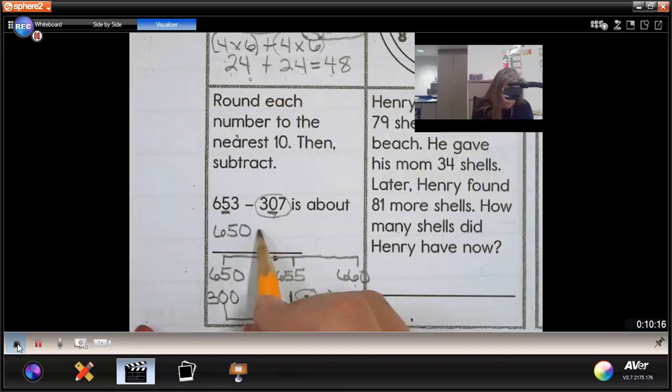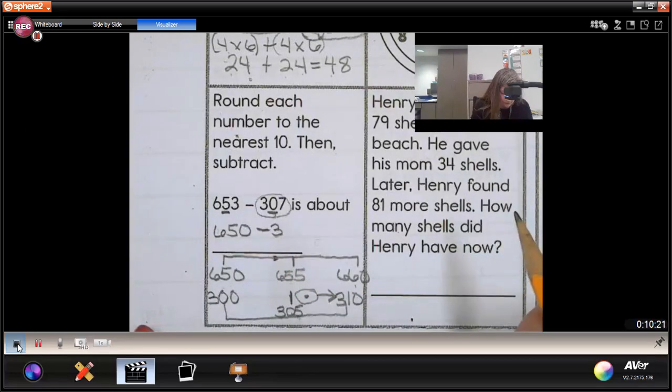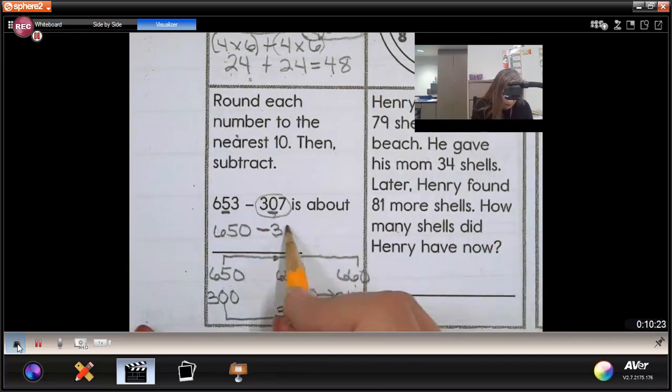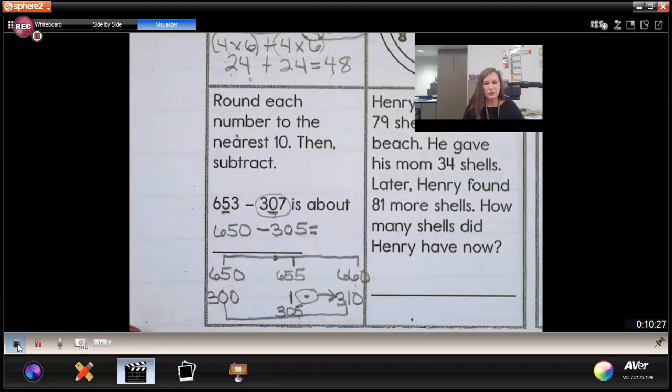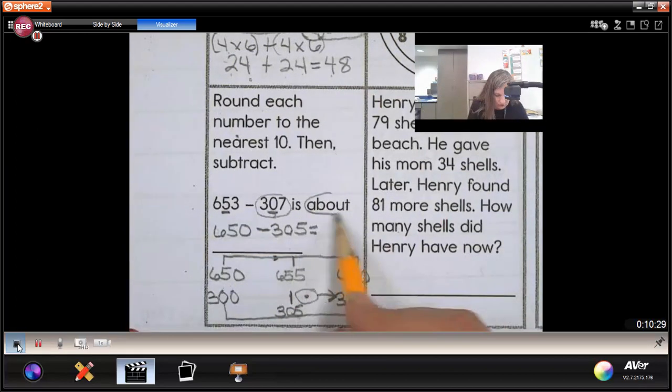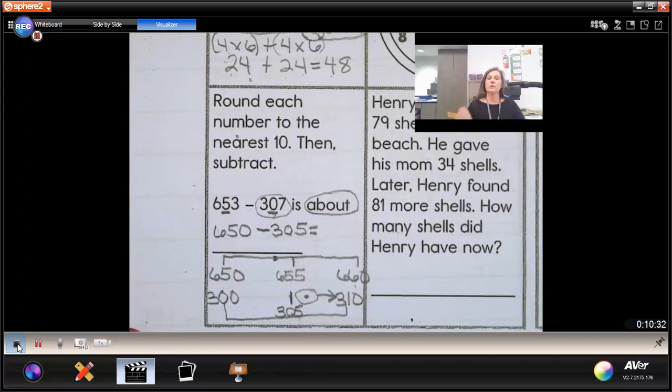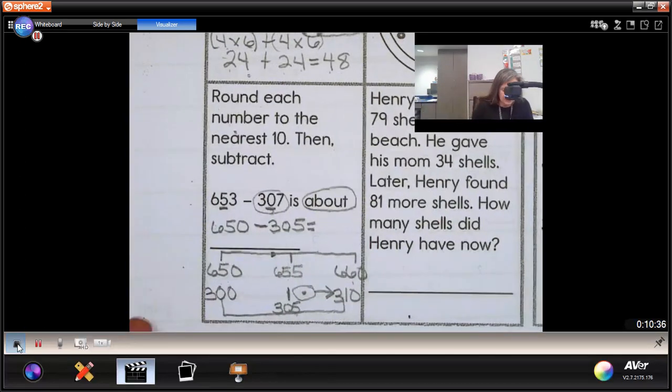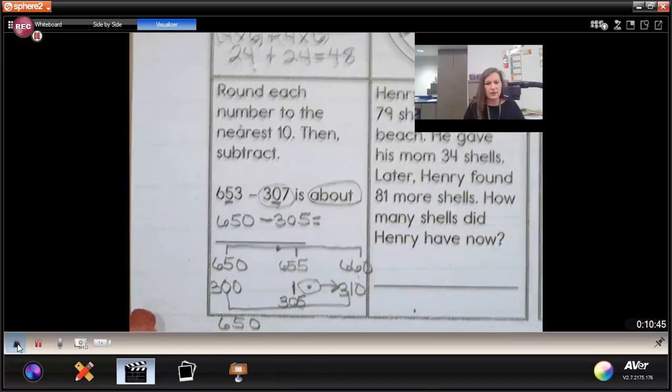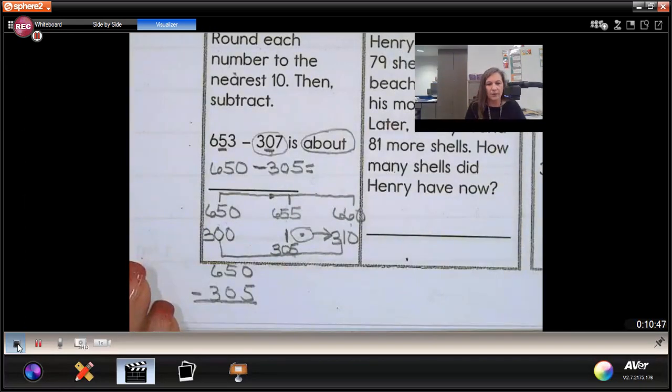So now I'm going to subtract 650 minus 305. And I'm going to figure out what it's going to be about. So I'm going to take that 650 and I'm going to subtract that 305. And I'm going to use my algorithm down here to just show that work.